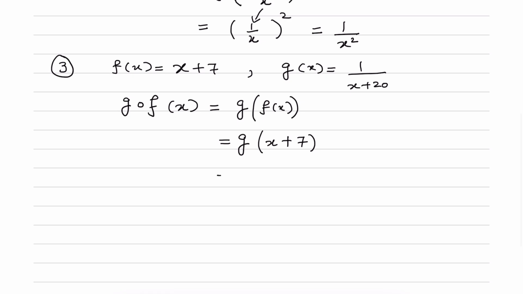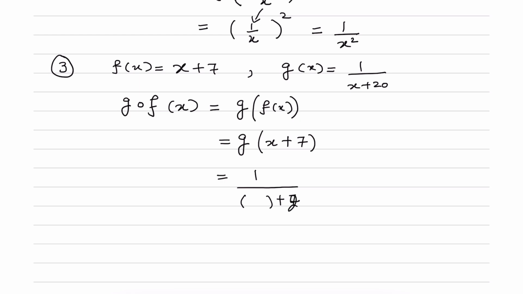Now it's time to deal with the outside function. The outside function is g, and g is defined as 1 over x plus 20. So here in this step we will write g, but wherever in g there is x, we will just leave a space, and we will write complete g.